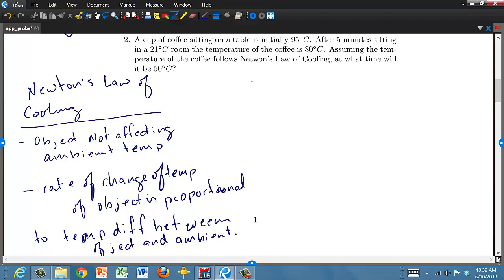Okay, so in this case, let capital T of t be the temperature of the coffee.